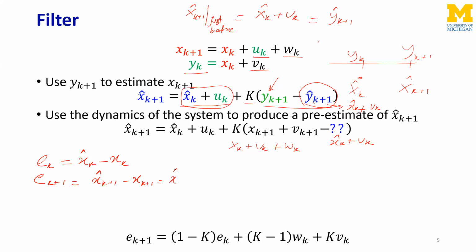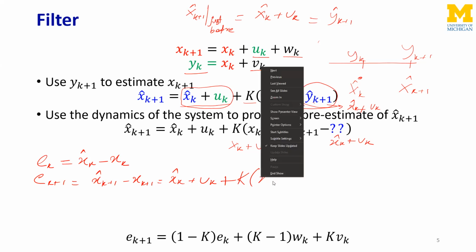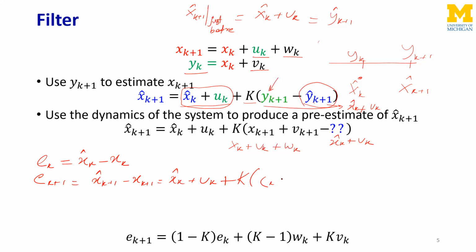So I'm going to write x hat k plus uk plus K times the output error. Now, this is going to be xk plus uk plus wk plus vk plus 1 minus, what am I supposed to write here?